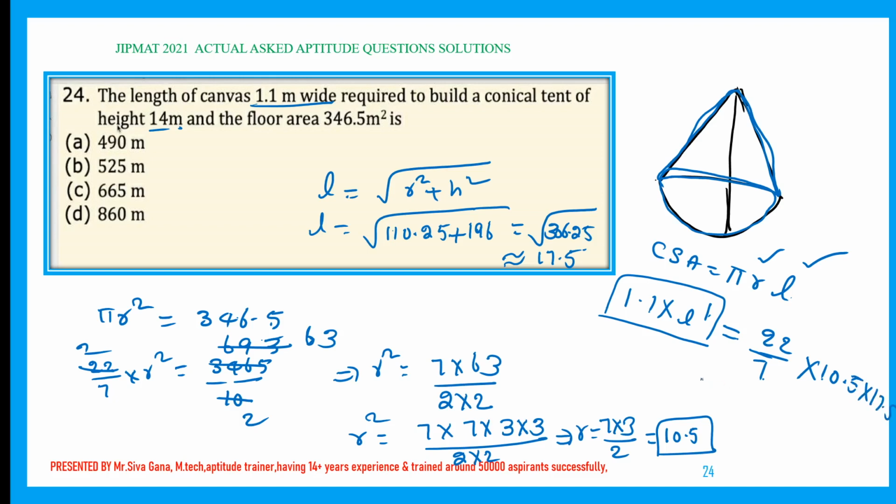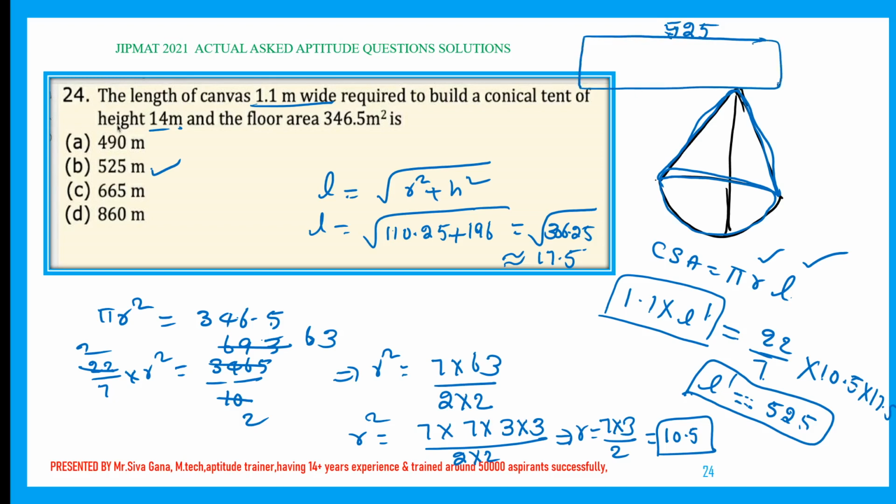By making use of the on-screen calculator, the length of the canvas required I got is 525. Canvas length is 525 and breadth is 1.1. This canvas is made into a conical tent.